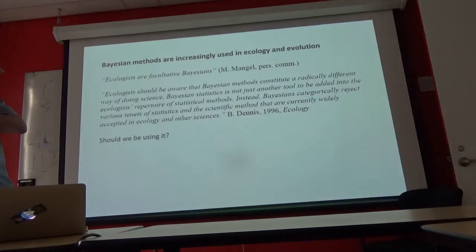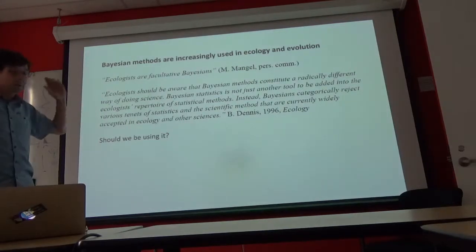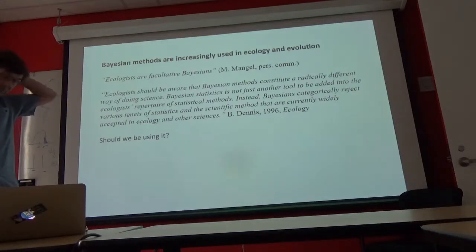So we also realize, we see them all the time, that Bayesian methods are used increasingly often in ecology and evolution. Mark Mangel, who with Colin Clark wrote a book on analysis methods in behavioral ecology, just said to me one day, ecologists are facultative Bayesians.